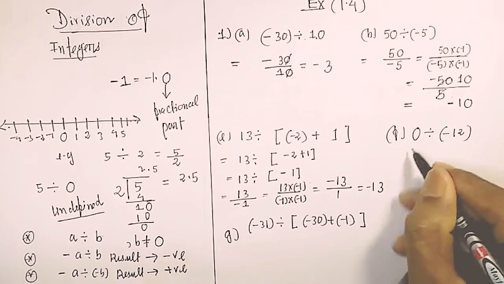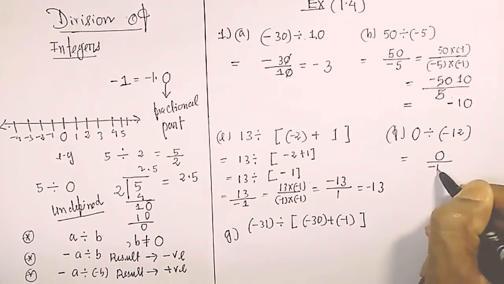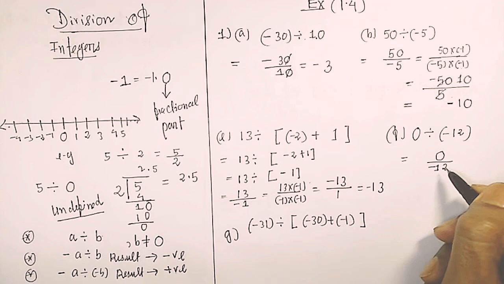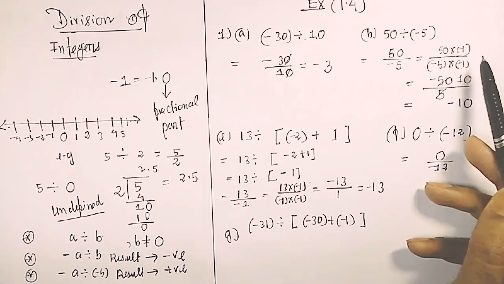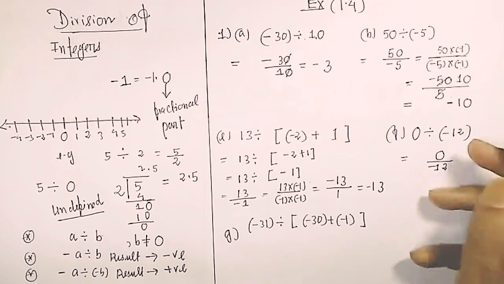Number f. 0 divided by minus 12. So once again the minus sign is in the denominator. So we should remove the minus sign by multiplying minus 1 with the numerator as well as with the denominator.